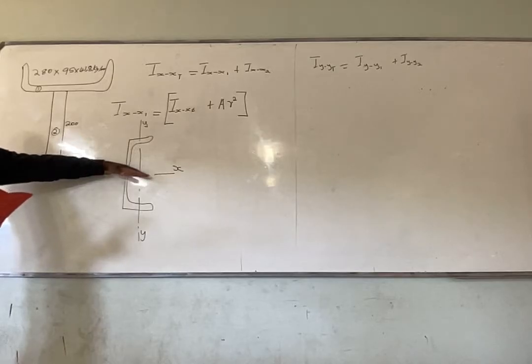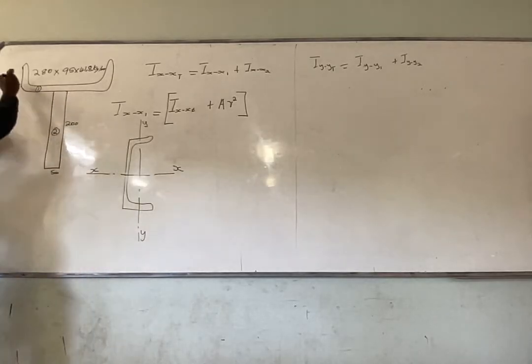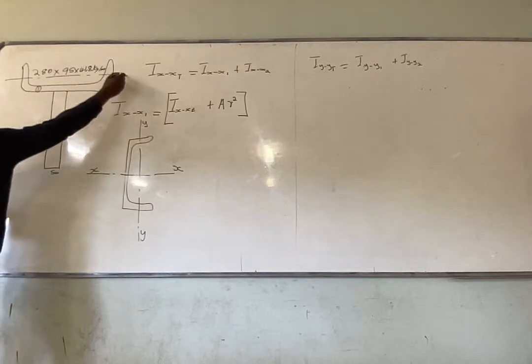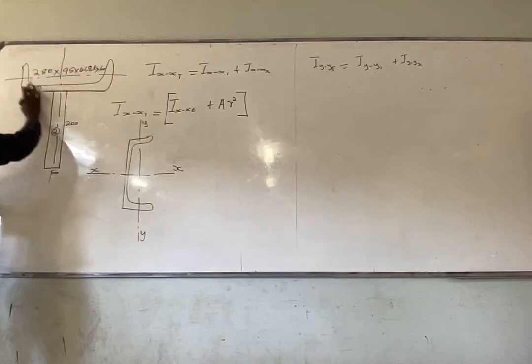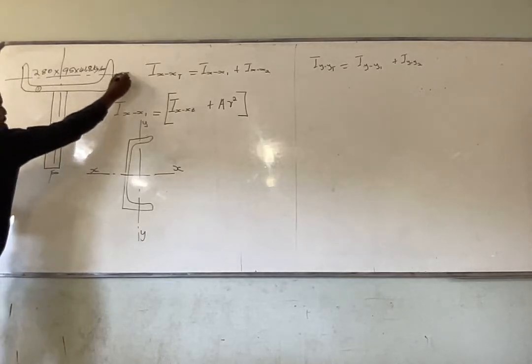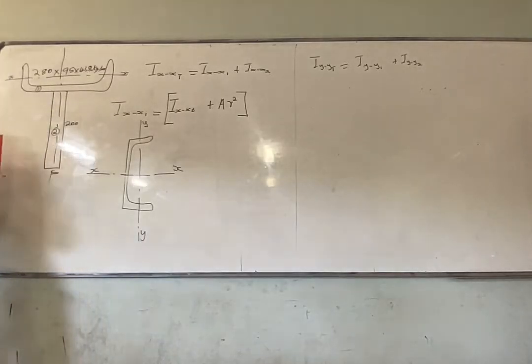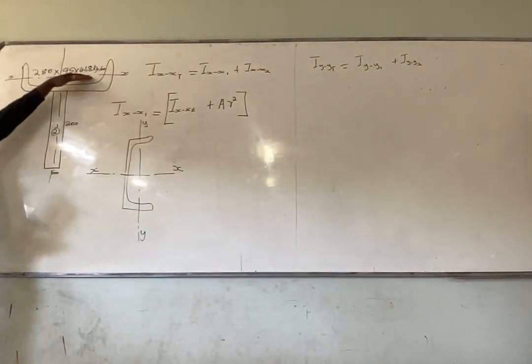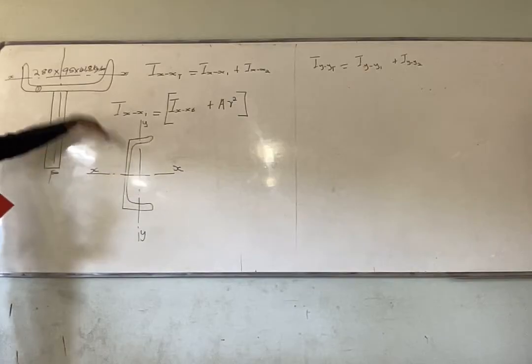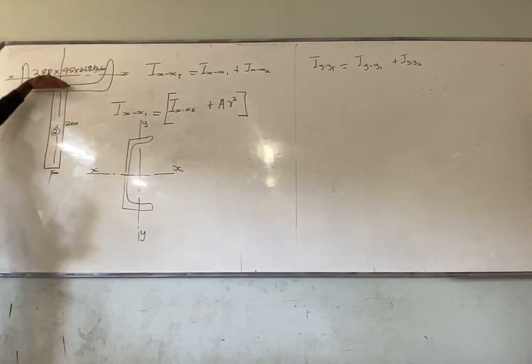So, in our case, we are having this one. In this area number 1, this is our XX. If you check here, our XX corresponds with what? With YY, right?